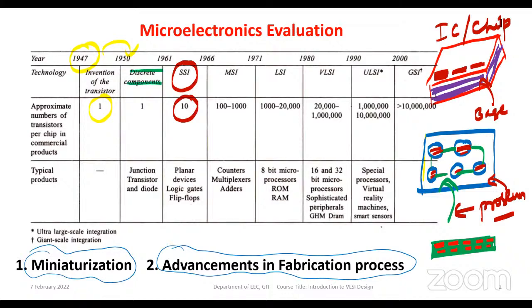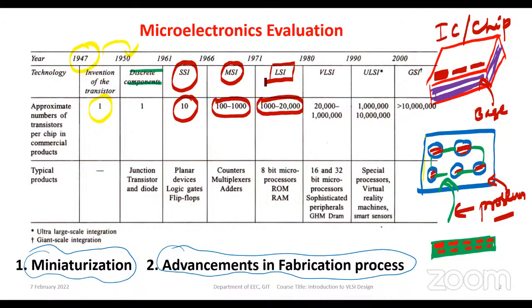Agreed? Similarly, if you are able to provide 100 to 1000 transistors in an integrated circuit, then we treat it as a medium scale integrated circuit. If the number of transistors in an IC is from 1,000 to 20,000, all these ICs are called large scale integrated circuits.